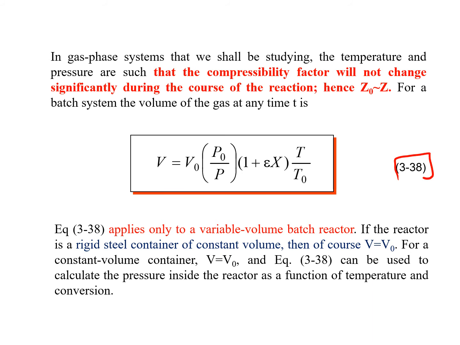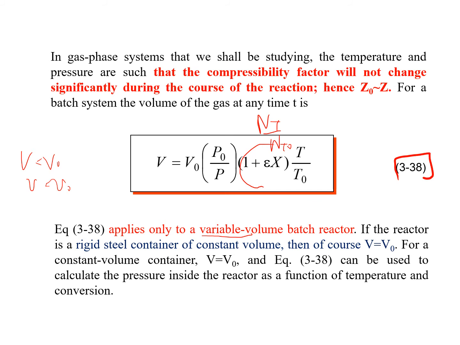This actually comes from the previous one, NT over NT0. Equation 3-38 applies only to a variable volume batch reactor. Remember, this is for variable volume. For a constant gas phase volume, V is equal to V0, and there is no extra term.